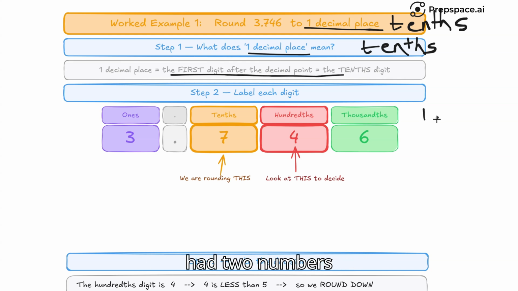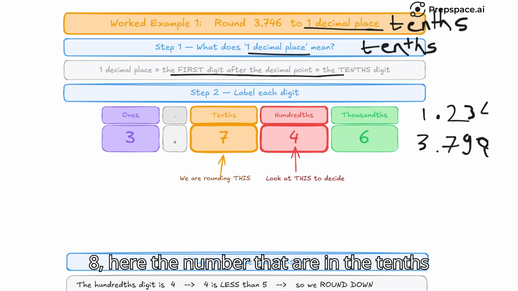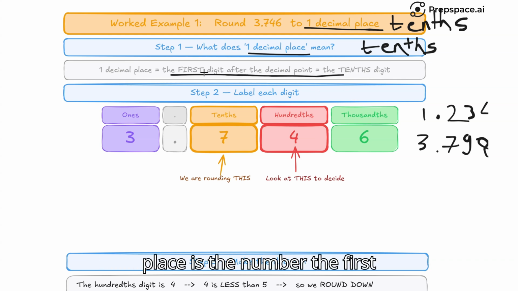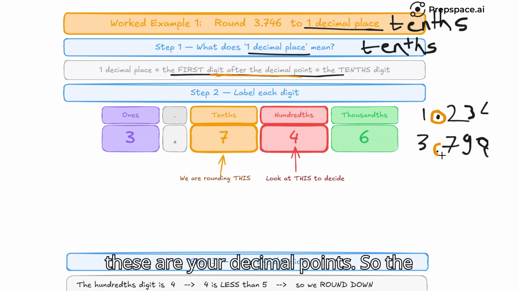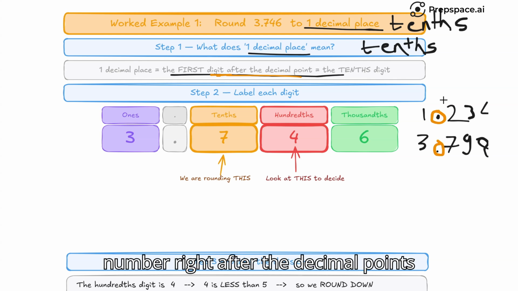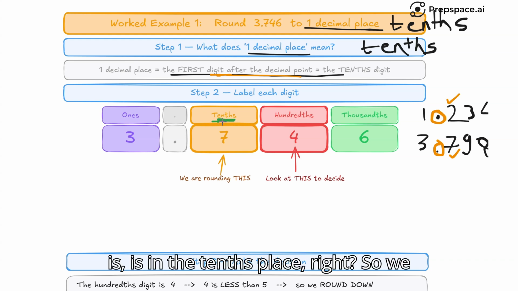So if I had two numbers like this, the number in the tens place is the first digit right after the decimal point. So these are your decimal points, and the number right after the decimal point is your tens digit. So here in our question, 7 is in the tens place, right?